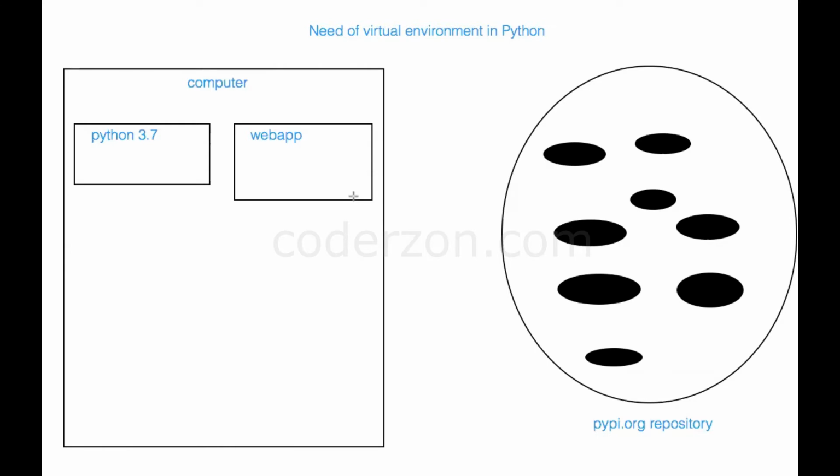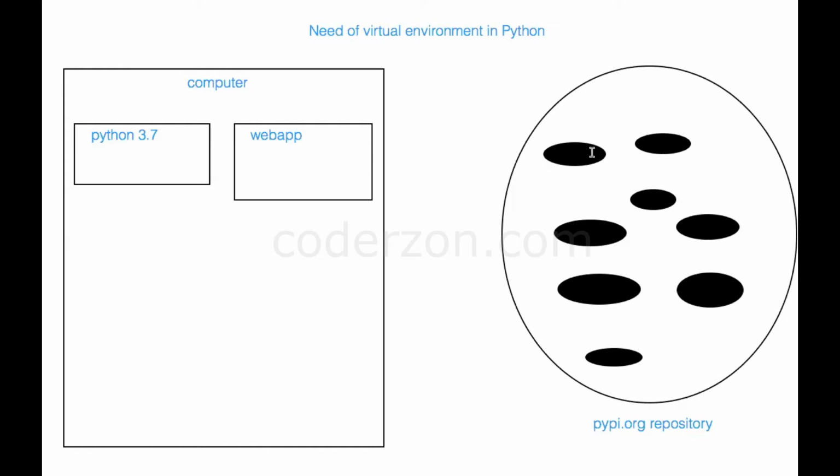Imagine if you are developing a web application, you may be using Django or Flask, or if you are doing data analytics work, you may be using NumPy, Pandas, Matplotlib, and many other things, right? Those libraries are available in this particular repository hosted on the internet.